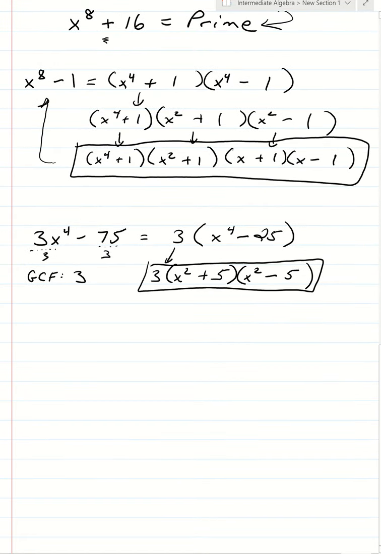So that is the perfect squares, all right? The difference of two perfect squares is factorable. The sum of two perfect squares is not factorable, okay? So let's just review this.